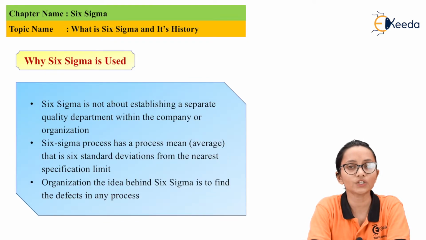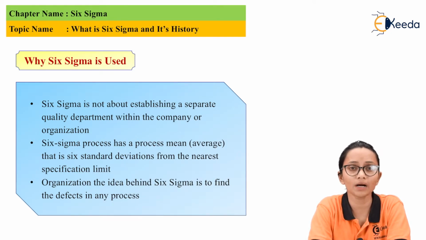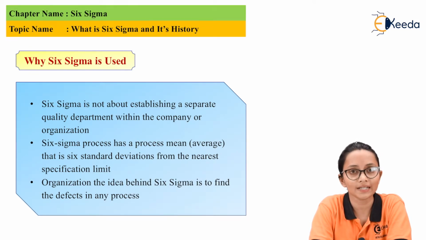Now, after knowing the history of Six Sigma, you guys might be thinking why we are using Six Sigma. So, we are using Six Sigma here because Sigma is a tool that is used in mathematics for the indication of the deviation from the mean value. Here also, Sigma is used to indicate the deviation. For a process, the sigma value is converted into sigma capability, or Z value, which is a metric that indicates how well the process is performing.